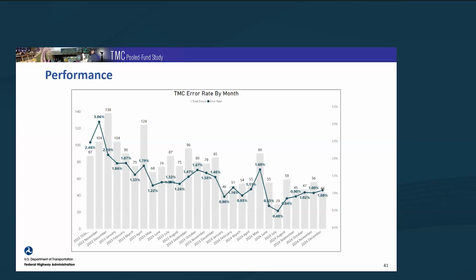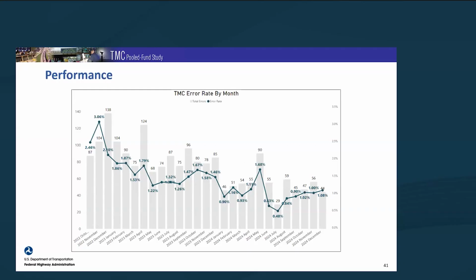And as Les has mentioned, you can do that by doing something called an error rate. So that's what we use to measure our performance. We just take the total number of errors and divide that over the total number of incidents. And then you can apply that metric to the overall TMC, like on this graph here, or down to each shift, or even down to each operator.